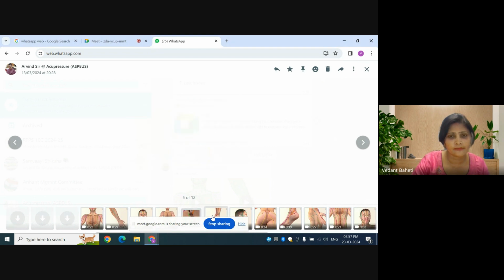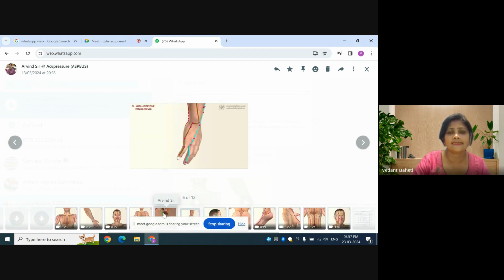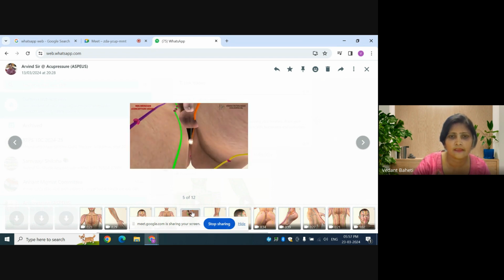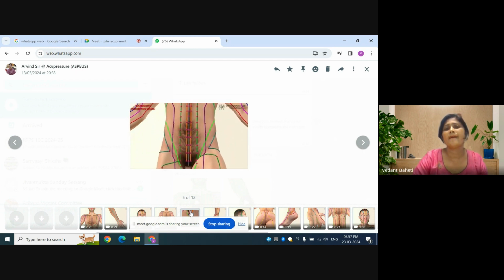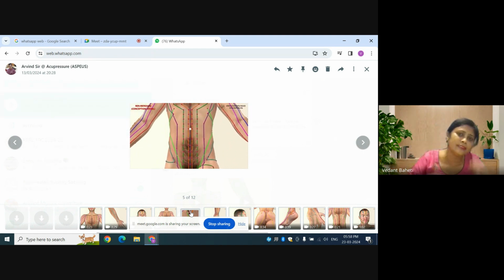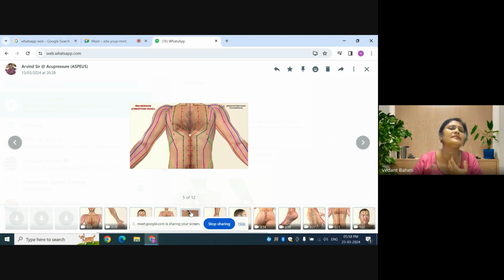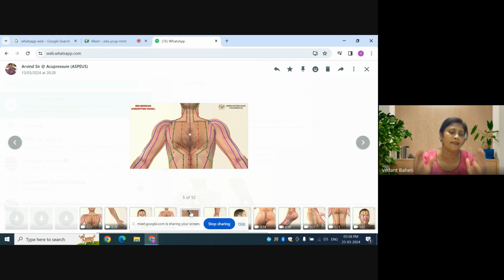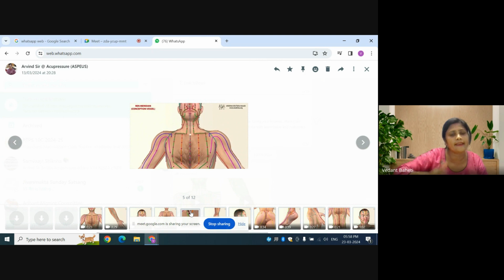Now it's the SI meridian, small intestine. It's the governing vessel one, the CV one. As I told you, CV is the conception vessel meridian. It is at the center of our body and divides our body horizontally into two parts.